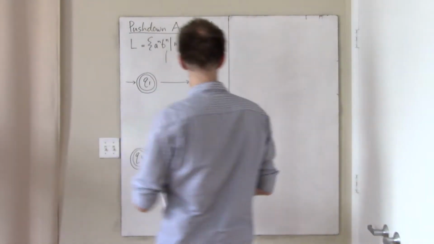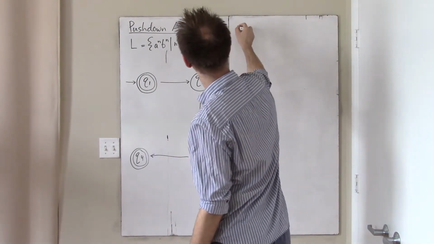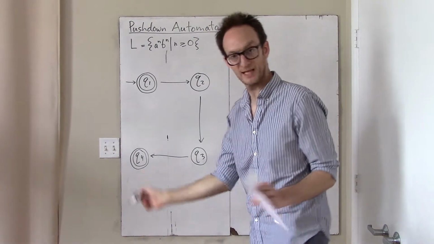So if we want to go into a little bit of theory, what is one of these pushdown automata? Well, it's now like a 6-tuple or something like that, right?